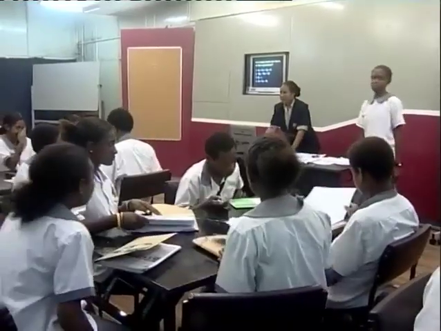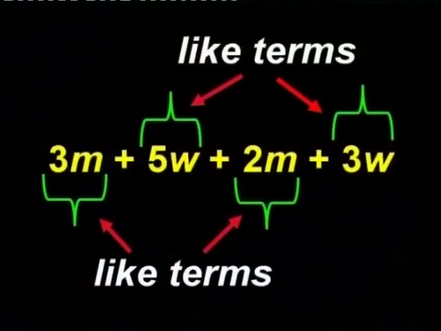All right, eyes up. Let's quickly run through what I have got for you. Class, looking up again on like terms. If you come across an expression like this, always remember to look at the terms carefully. Put the like terms together, and unlike terms, they come on their own. In this expression, we have 3M and 2M.